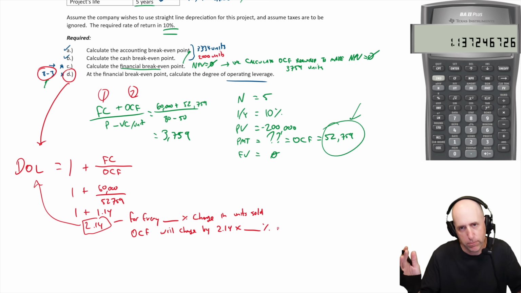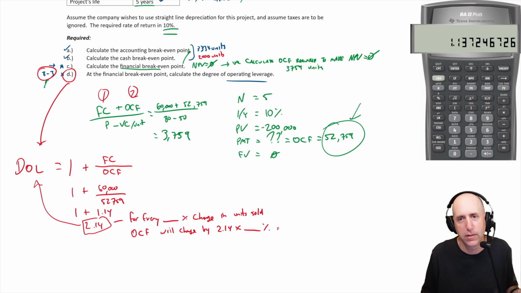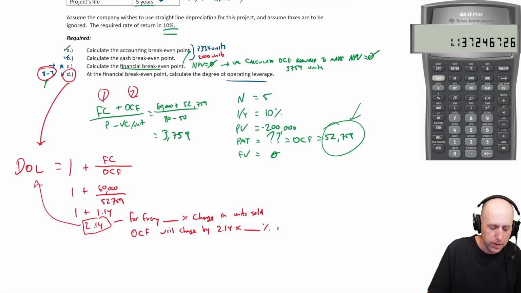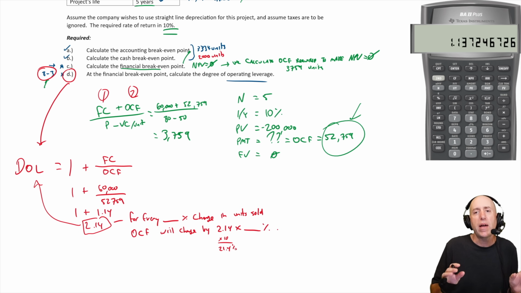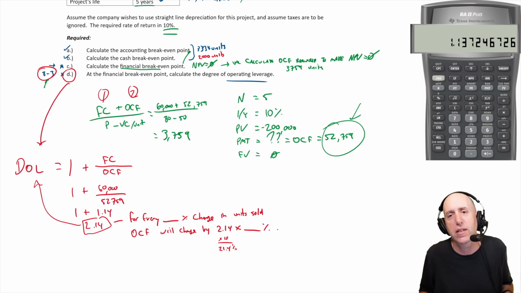So let me explain. Let's say units sold goes up by 10%. My unit sales go up by 10%. I would expect my operating cash flow to go up by 2.14 times 10, 21.4%. So it's a measure of how sensitive our operating cash flow is to changes in sales volume.